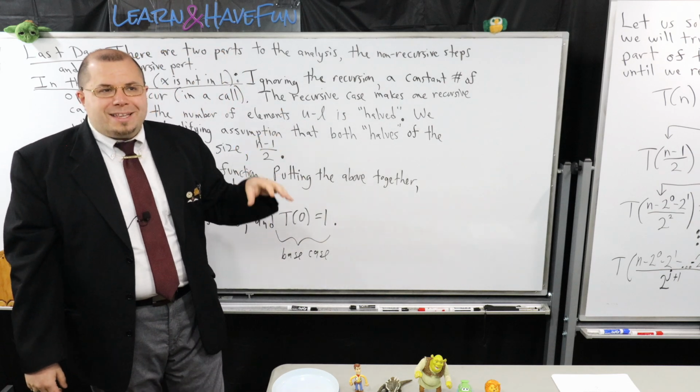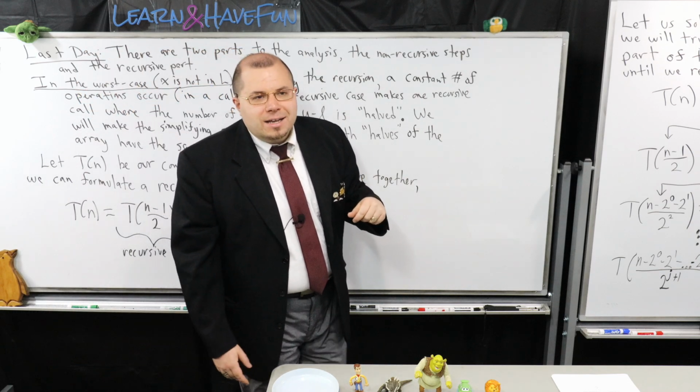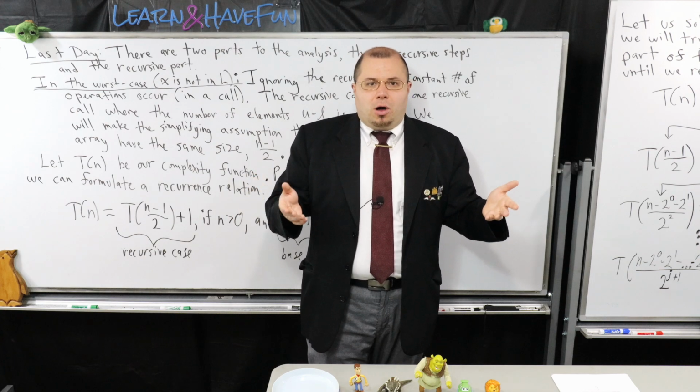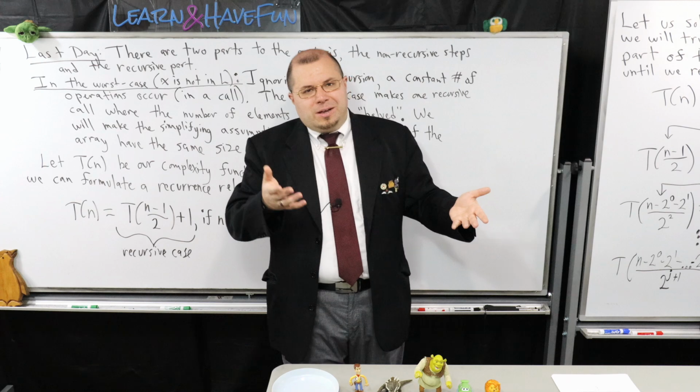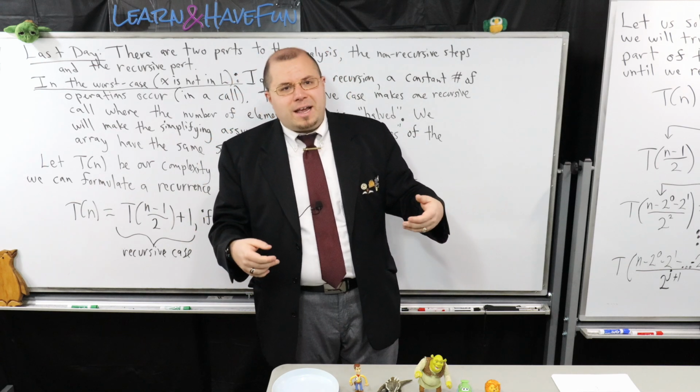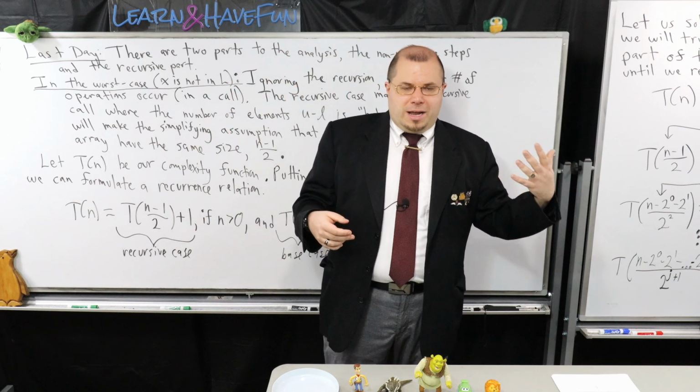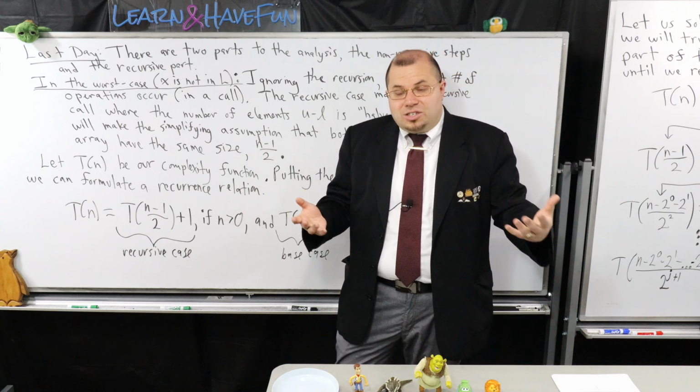Now, depending on what the algorithm looks like, it might be more appropriate to just count all the operations, or it might be much easier to count them in the worst case when you have the base case, and then count them when you have the recursive case, because these two can differ.